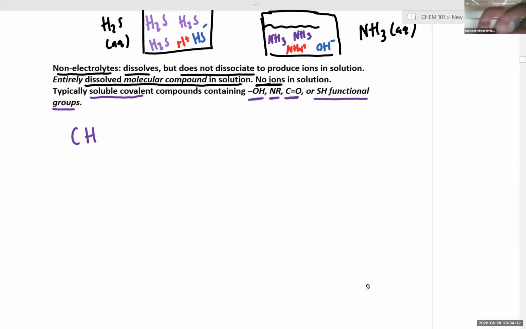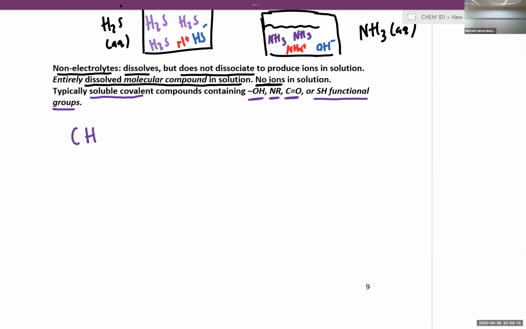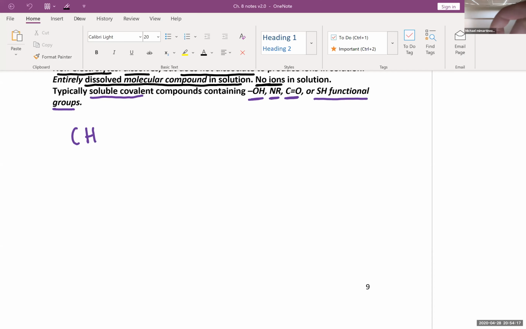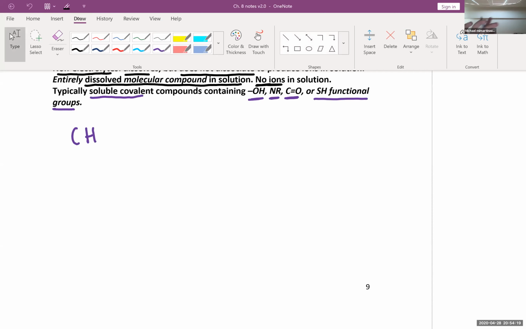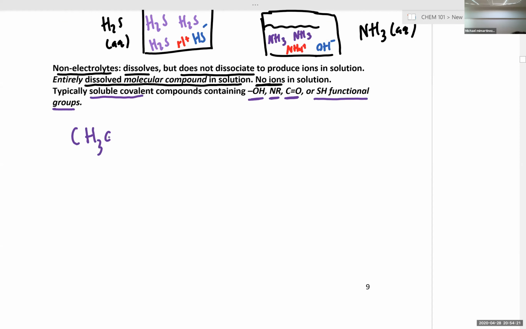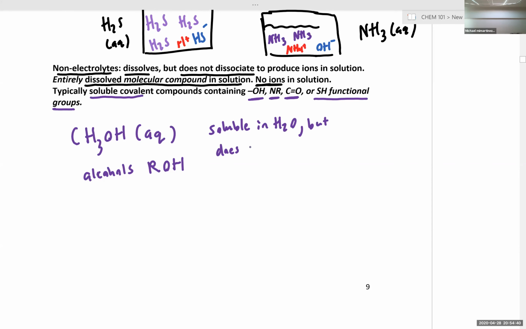So the most common non-electrolyte that you'd observe, at least in the laboratory for this course, would be your alcohols. So that has this OH functional group, an example of which would be methanol. It is soluble in water, but does not dissociate.